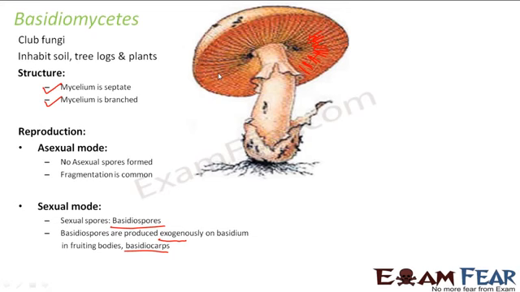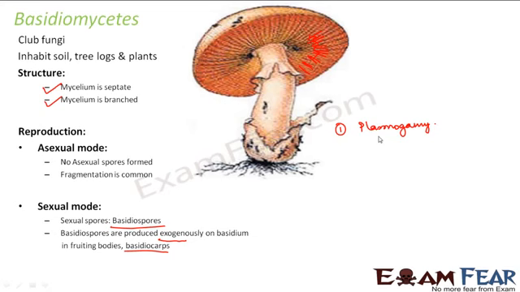Now, talking about the process of sexual reproduction, again we will have the same three steps: plasmogamy, karyogamy and meiosis. The first step is plasmogamy. As we know, here two cells of different mating types will fuse together.